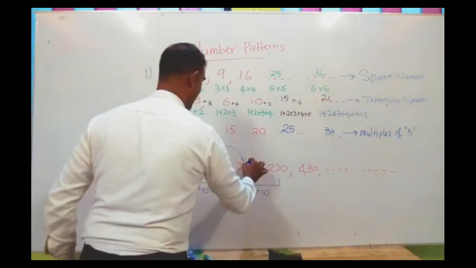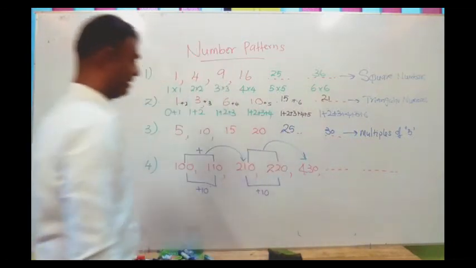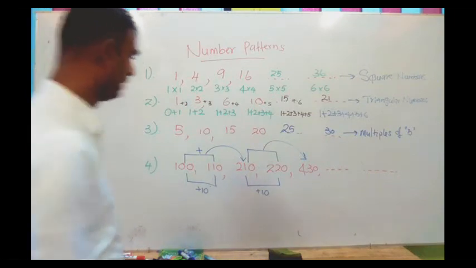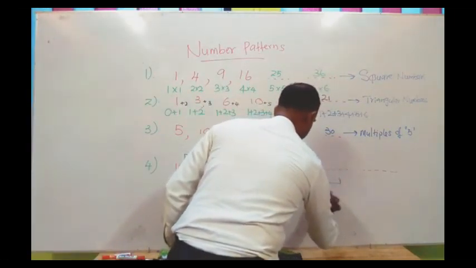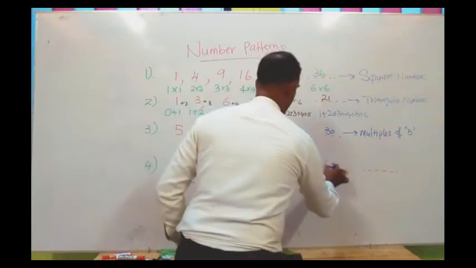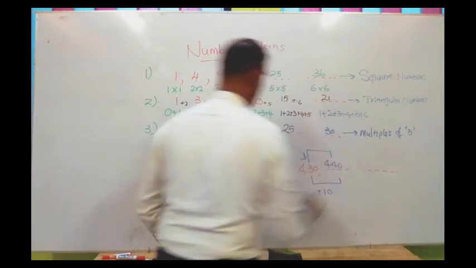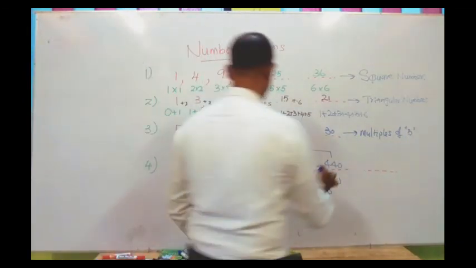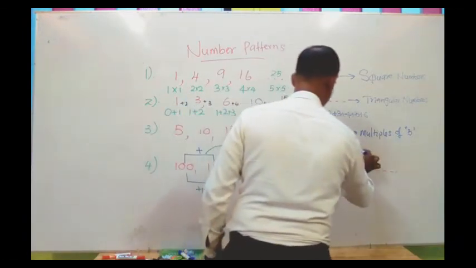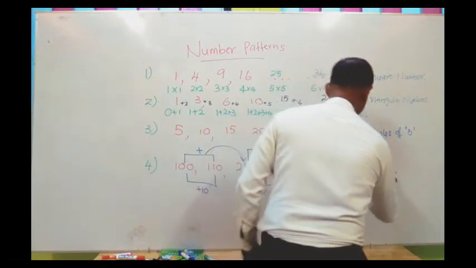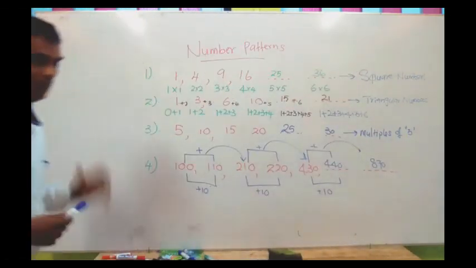After that, these two are added to each other. So 440, and now 440 and 430 should be added. How much? 870. That is the number.